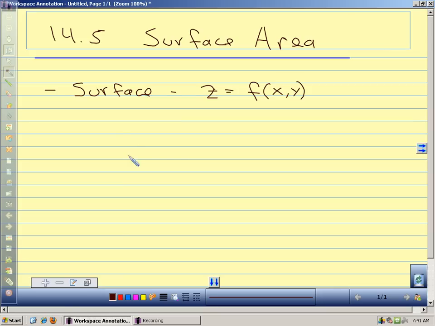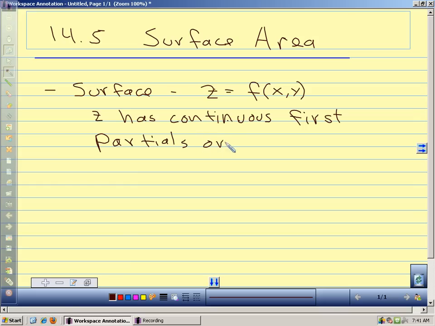And we're assuming that z has continuous first partials on our region, and R is closed and bounded in the xy plane.